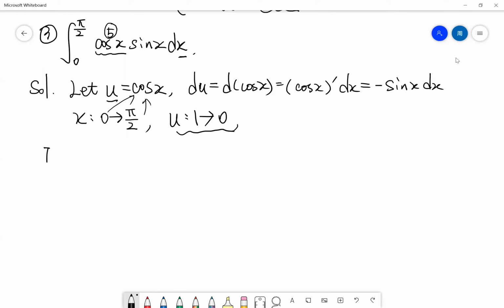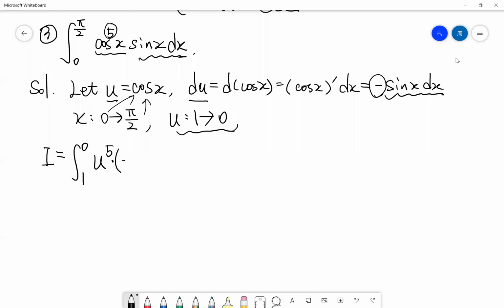So here we can change the definite integral to a new form, from 1 to 0. Cosine x power 5 means u power 5. And then sine x dx, you should put the minus sign before du, right?